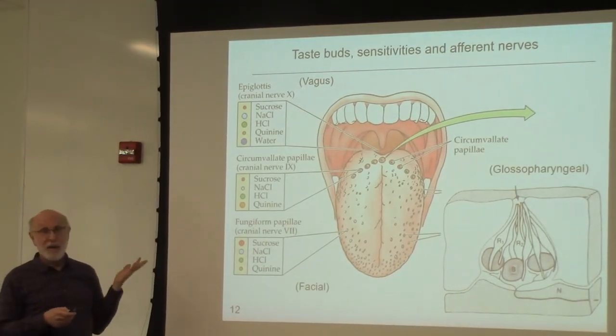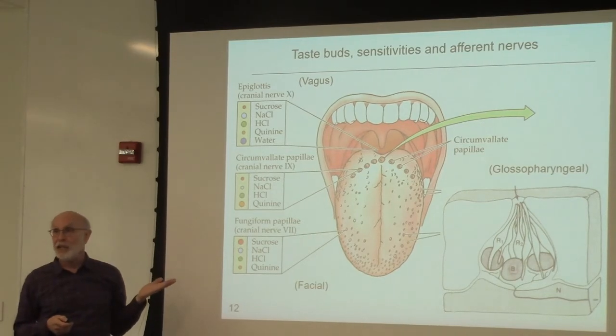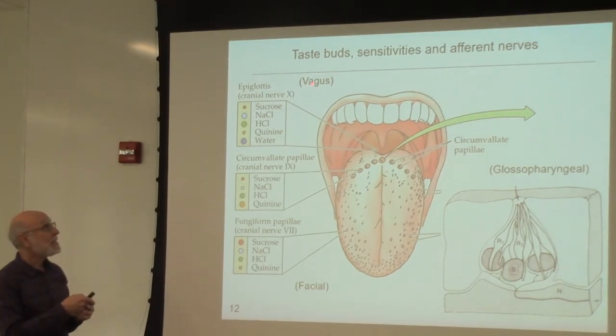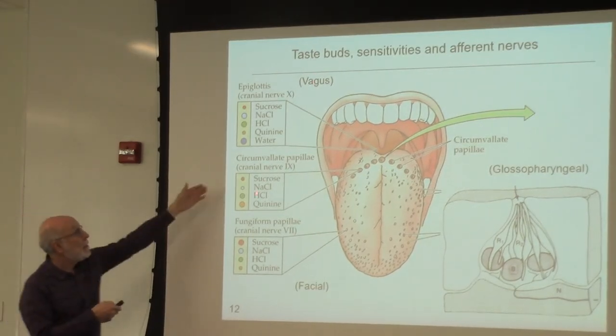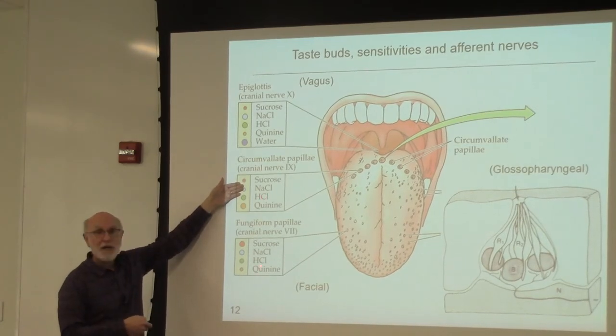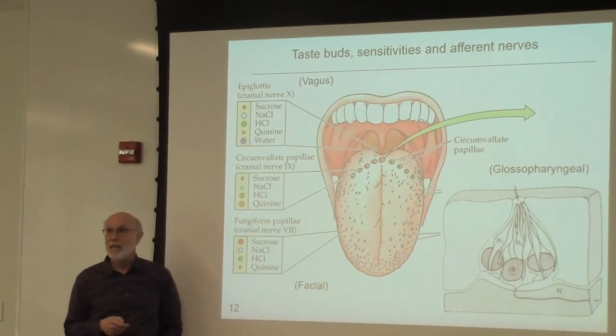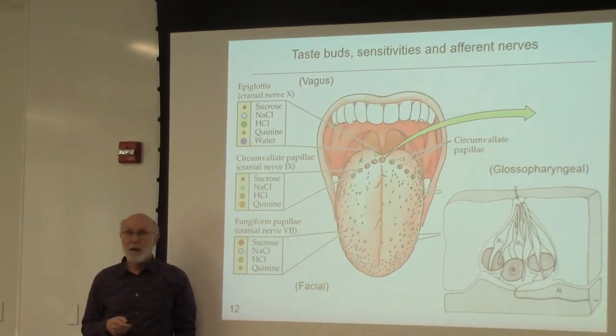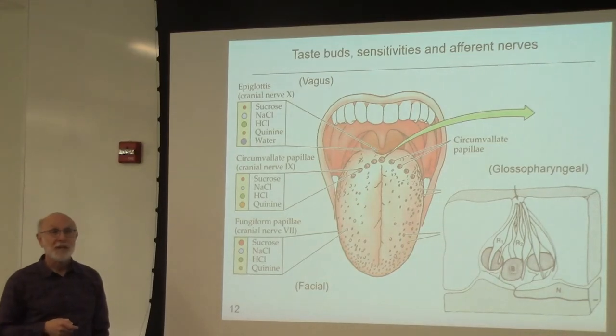We have 3 cranial nerves that carry taste information to the brain. The vagus nerve, the glossopharyngeal nerve, and the facial nerve. All 3 of these cranial nerves carry taste information.